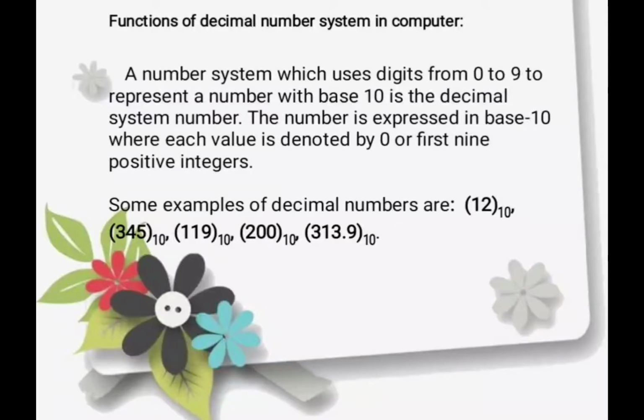As you can observe, here are some examples of decimal numbers, and all the numbers have a base of 10. So if you see a base 10 in a number, it is called a decimal number.